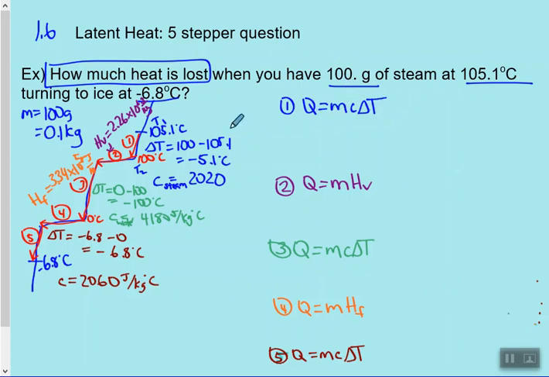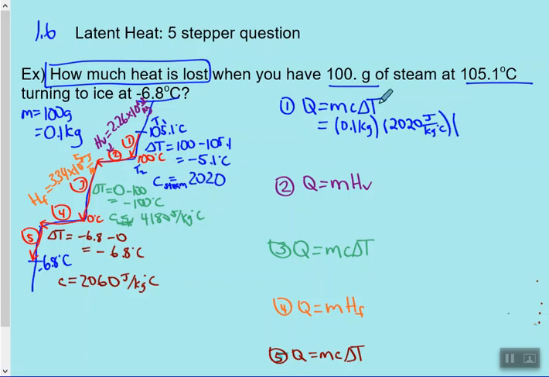Okay, so Q equals MC delta T for step number 1. So for step number 1, mass is 0.1 kilograms. C is the C of steam, so 2020 joules per kilogram degrees Celsius.